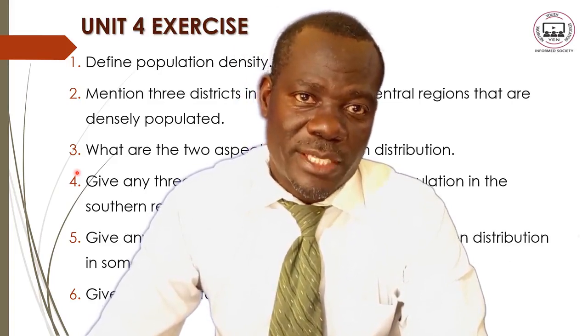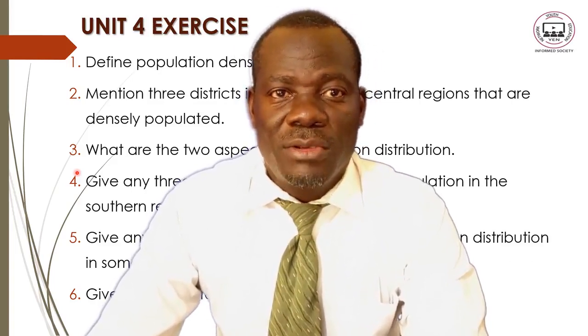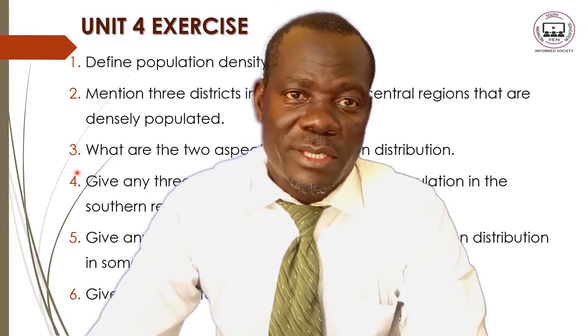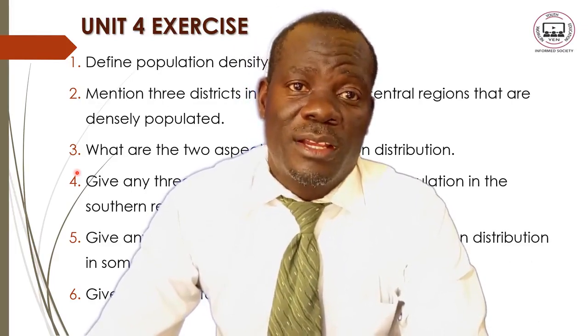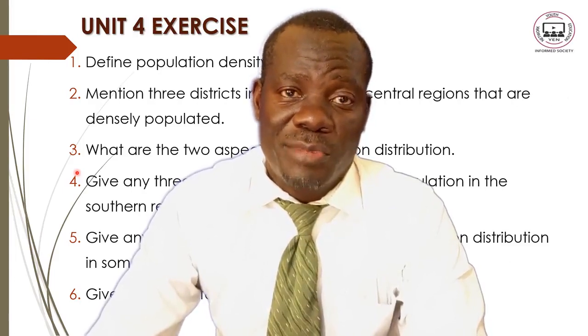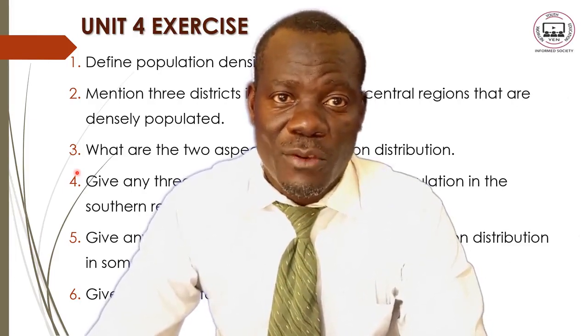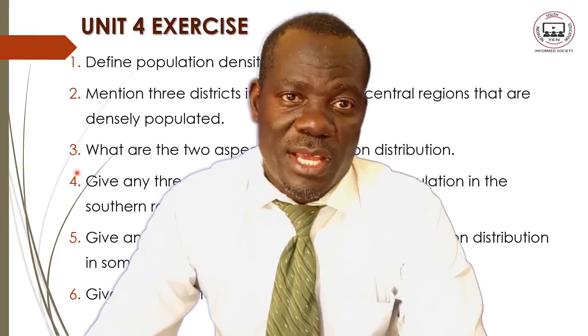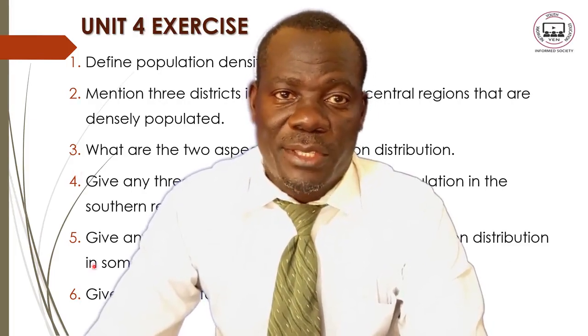What are the factors? We have looked at that. And also we have looked at the effects. What are the effects of high population density in Malawi? What are the problems that we experience because of high population? I guess you have taken something from there.